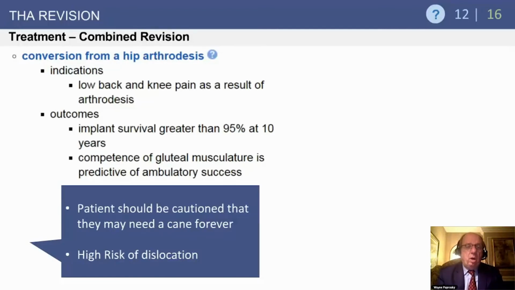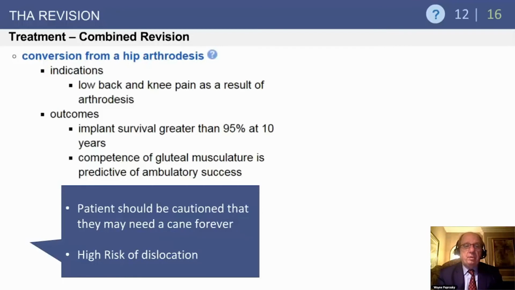Now let's go on to a few more as we come close to finishing here. Combined revision, conversion from a hip arthrodesis. Main indication is low back pain and secondarily knee pain due to the long-standing arthrodesis. Outcomes: implant survival is greater than 95% at 10 years in these conversions.